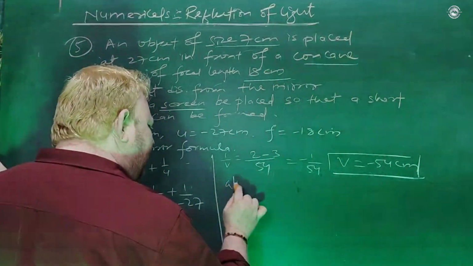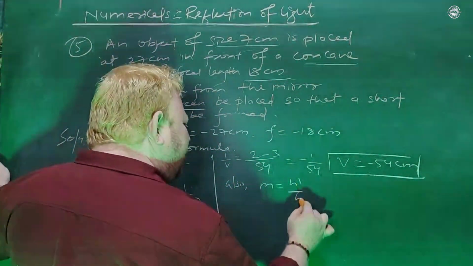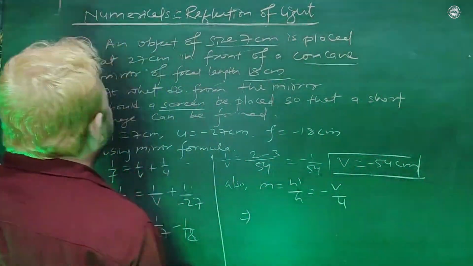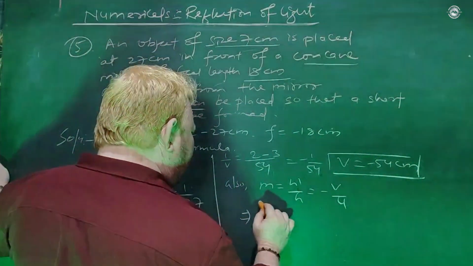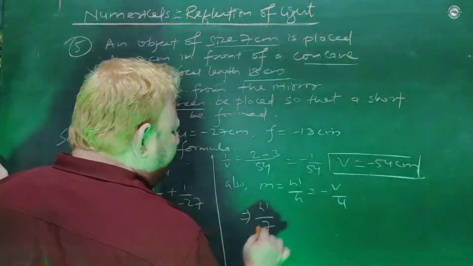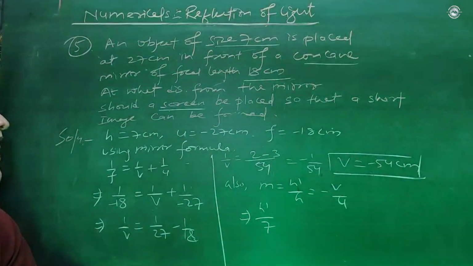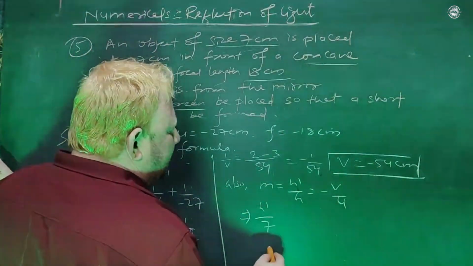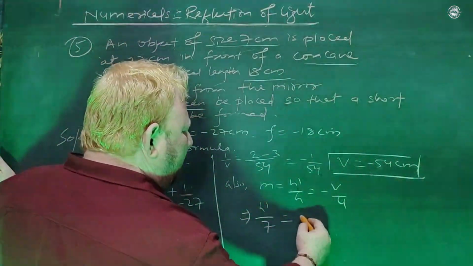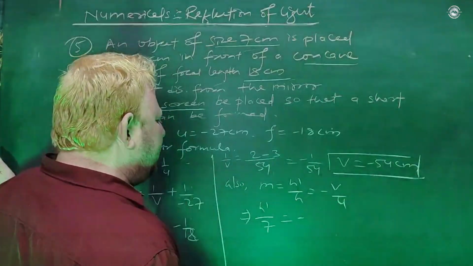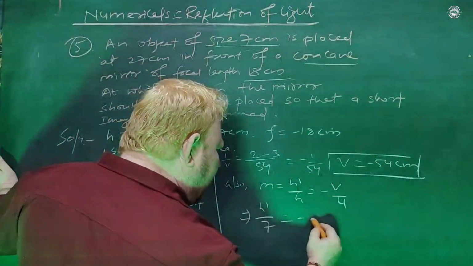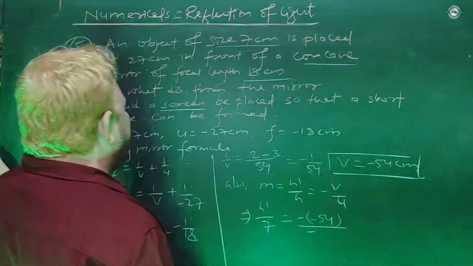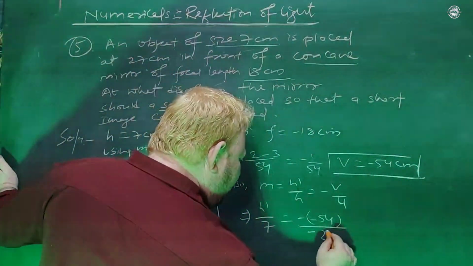So you will write m is equal to h dash by h is equal to minus v by u. This implies that the object is of size 7 centimeter, so h dash by 7; the height of the object is there, the height of the image is not. So h dash by 7 is equal to minus of minus 54 by minus 27.